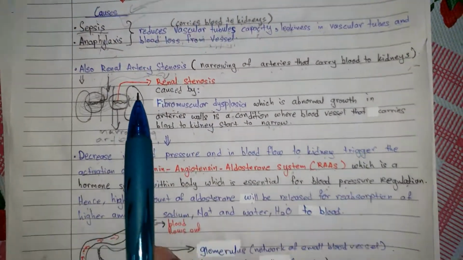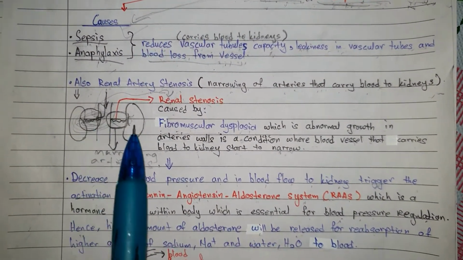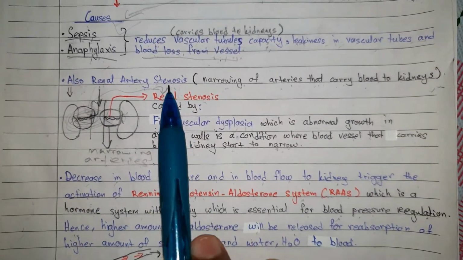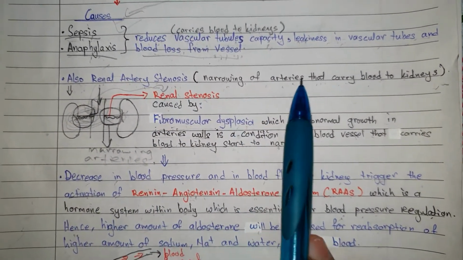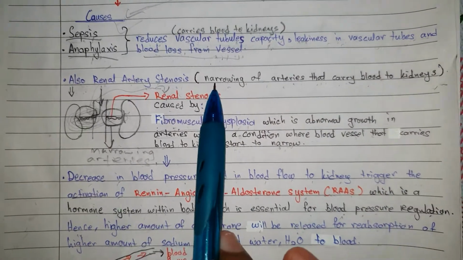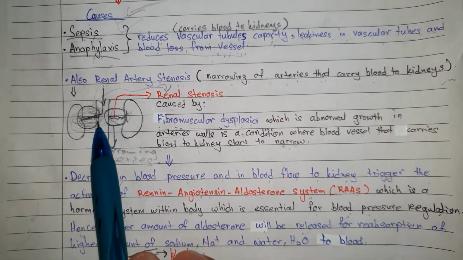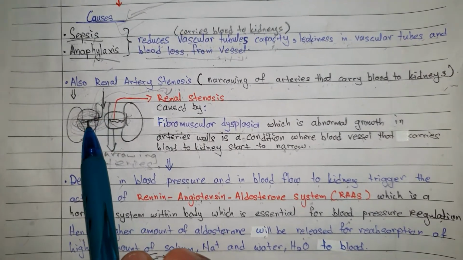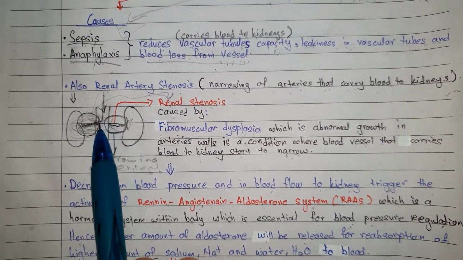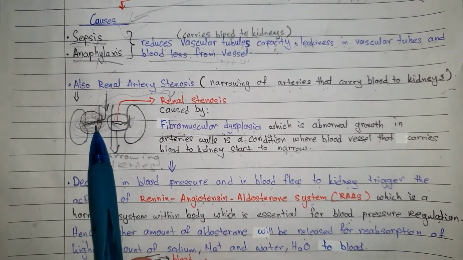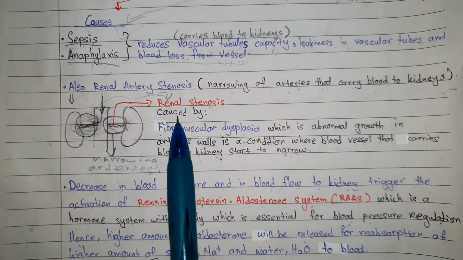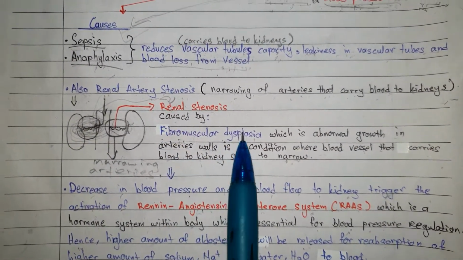The second cause can be related to renal artery stenosis. Renal artery stenosis is a narrowing of the arteries that carry blood to the kidney. Renal artery stenosis can be caused by fibromuscular dysplasia.